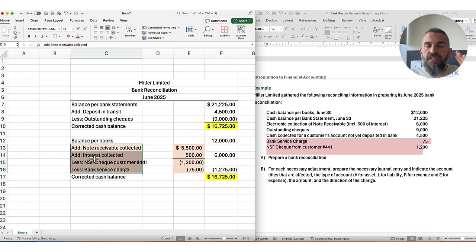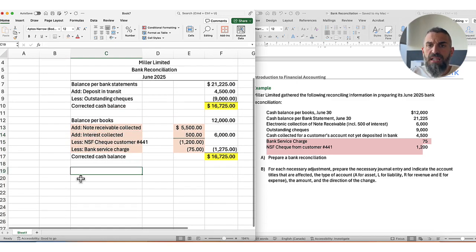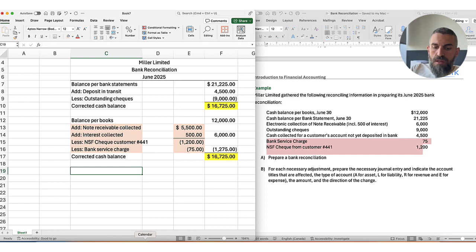Basically, the idea here is really, really simple, guys. Every single one is going to affect cash because this is an adjustment to your cash. Then think of all the journal entries you've learned, all the different accounts. We're just going to use what we know here. So, note receivable collected. Well, when you collect a note receivable, you debit cash.